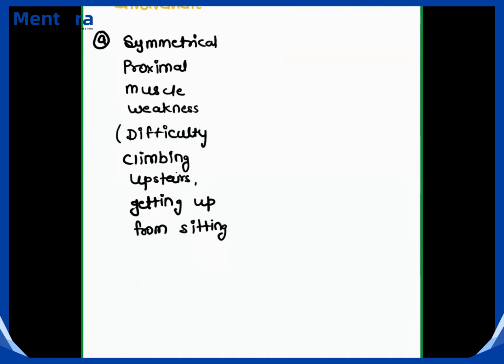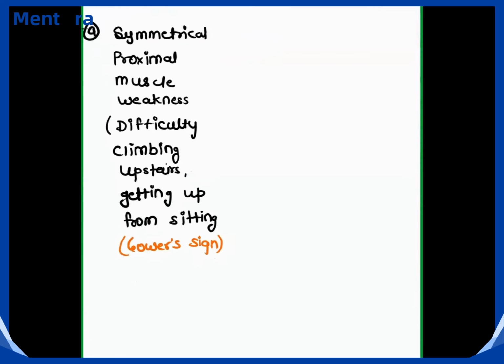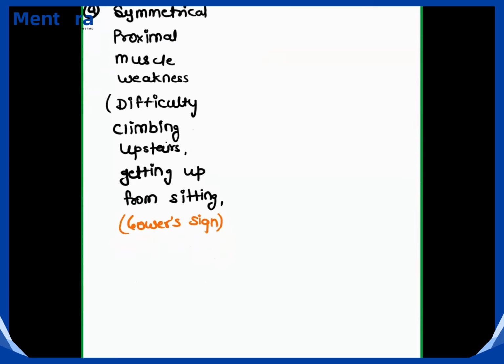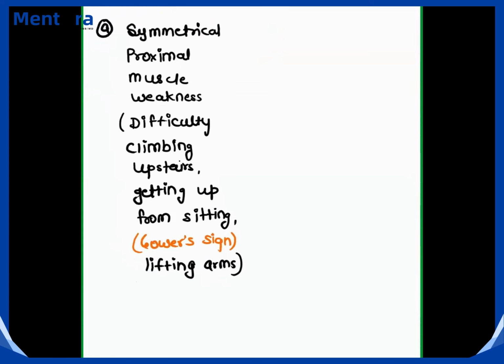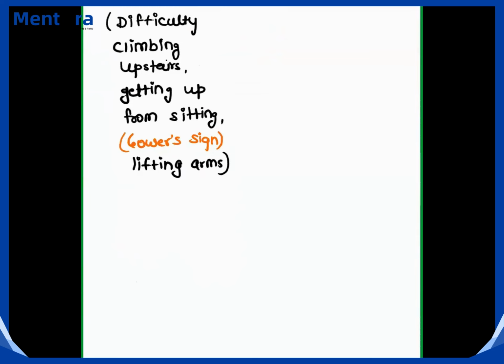This is called Gower's sign. This sign is positive in DMD also and juvenile dermatomyositis also. Difficulty in lifting arms. So these are the signs of symmetrical proximal muscle weakness.